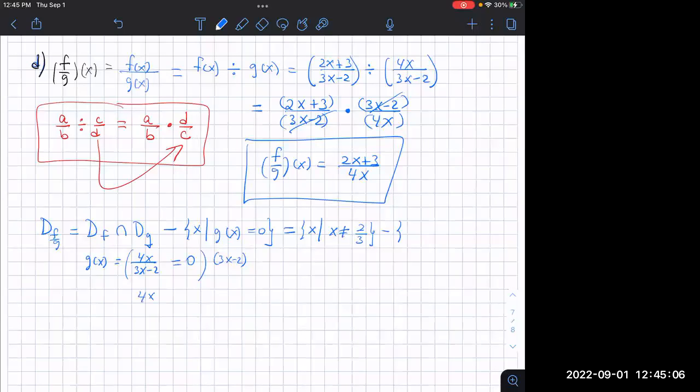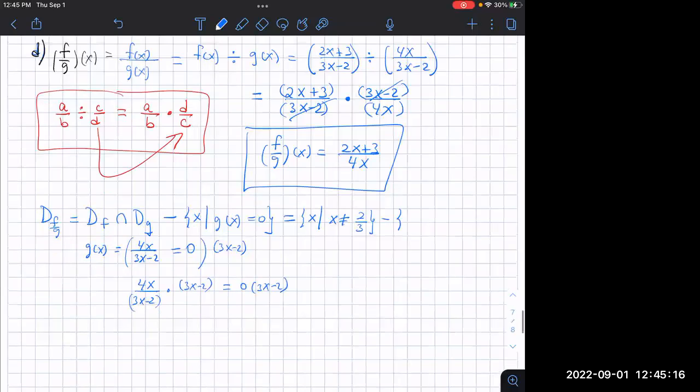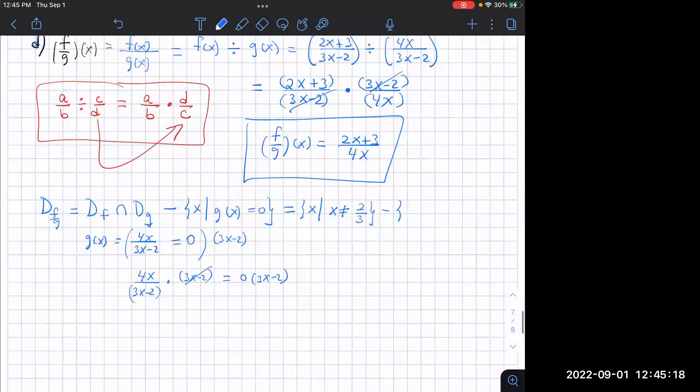So I get 4x over 3x minus 2 times 3x minus 2 equals 0 times 3x minus 2. Notice that the fraction disappears on the left, and that was the whole purpose of multiplying by 3x minus 2. So I get 4x equals 0 times anything, which is 0.